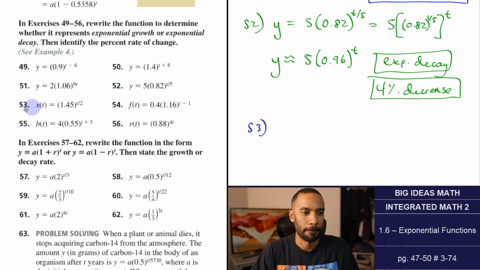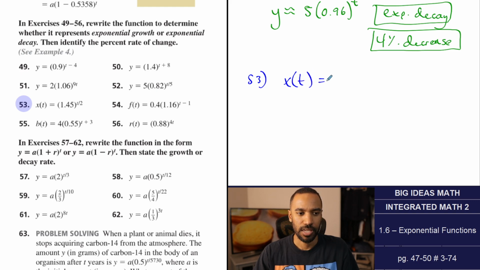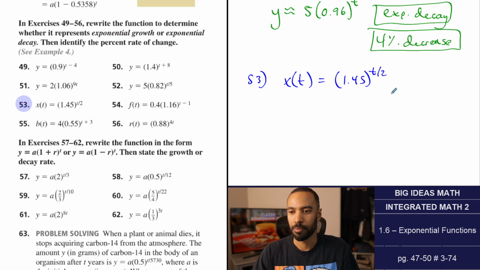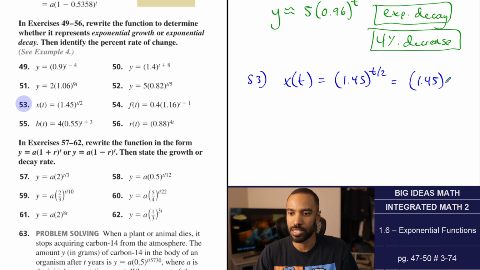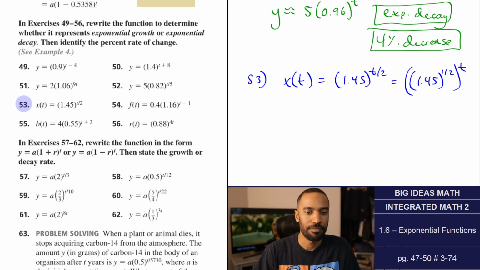X of t equals 1.45 to the t over 2 power. Very much the same as the last one, where there's no a value, but 1.45 to the t to the 1/2, all raised to the t power. I get to take the square root of 1.45.